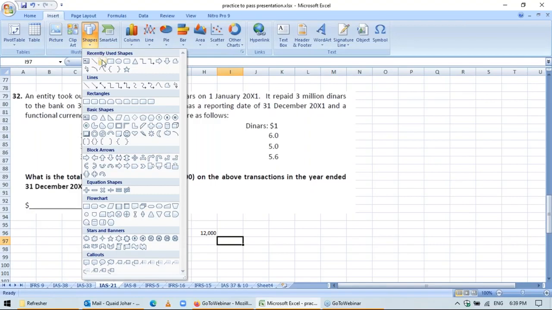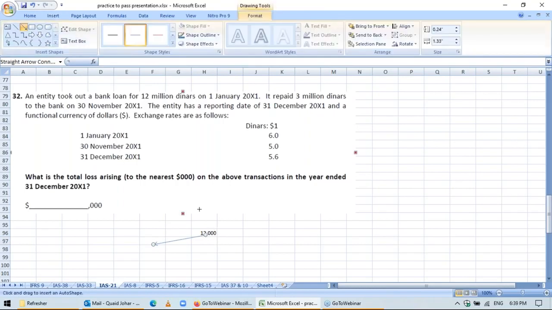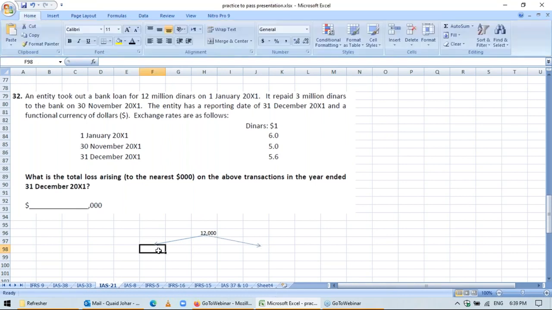One that is paid and one that is outstanding. So two pieces out of it. What they did, they repaid the 3 million amount, and still outstanding is 9 million.